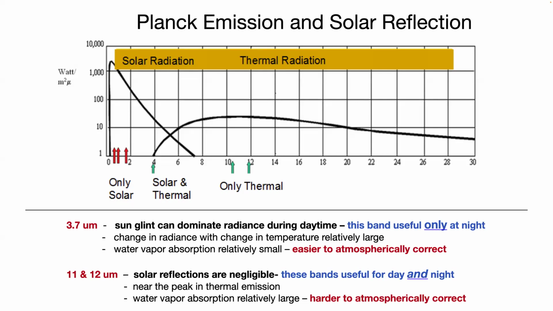There's no solar influence out in the 11, 12 or so micron range of the spectrum. You can use those wavelengths day and night. But when you're using the 4 micron wavelengths, you cannot use it during the day, because you're going to have these emissions from the sun contaminating that 4 micron emission coming off the surface of the Earth.